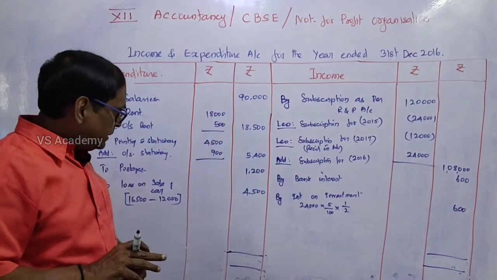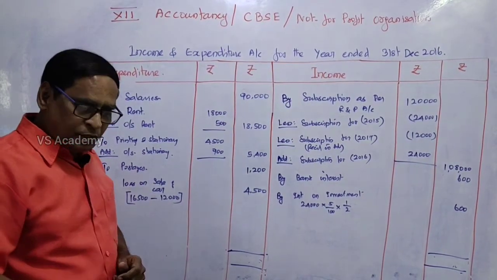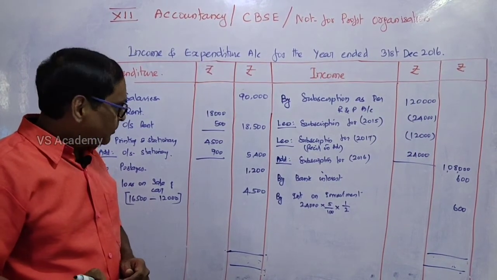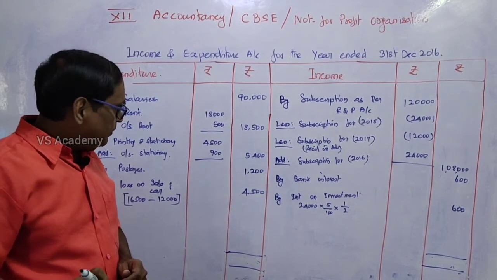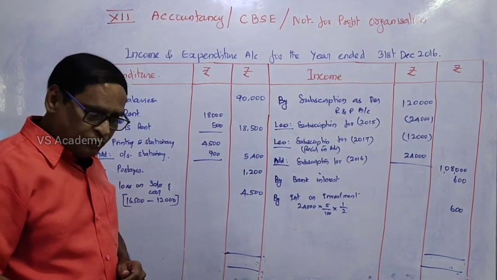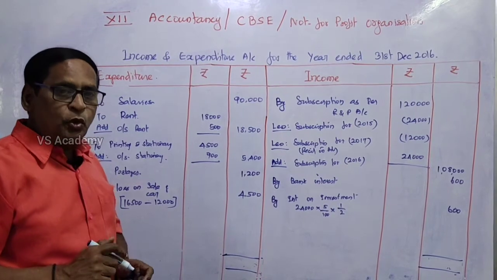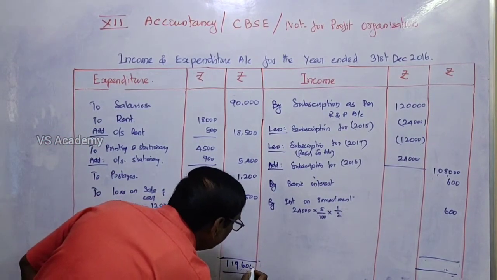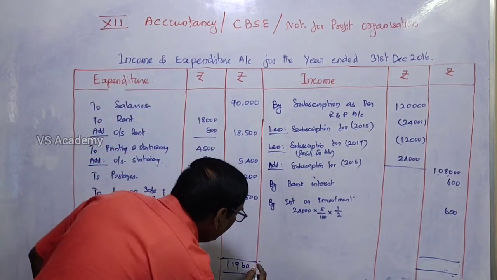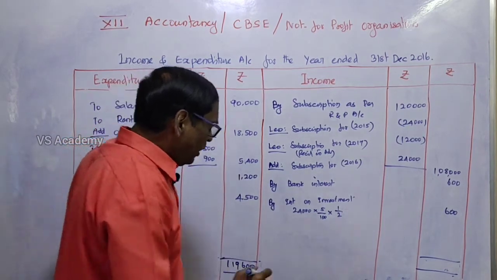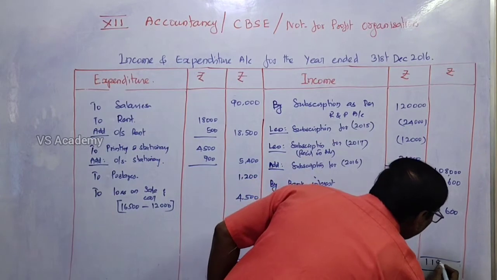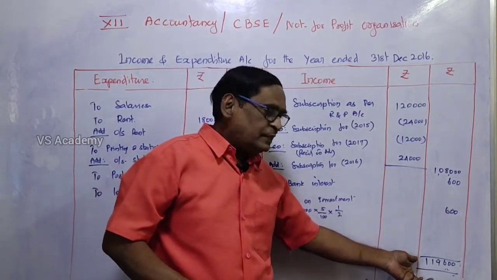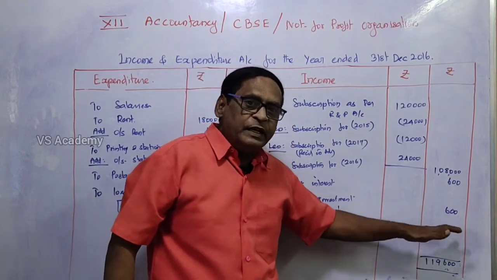As the debit side is greater, we will total the debit side. So 90,000 plus 18,500 plus 5,400 plus 1,200 plus 4,500. The total amount will be 1,19,600. You can carry forward the same amount to the credit side, 1,19,600. If we deduct these three items from this 1,19,600, we will get the deficit.